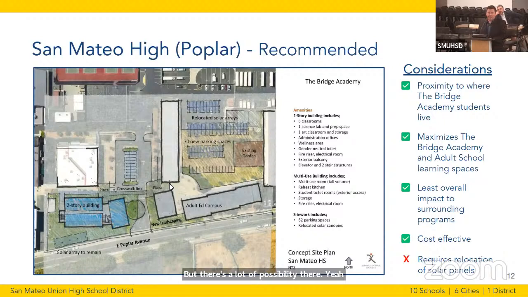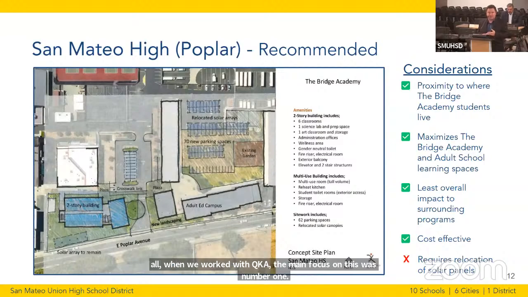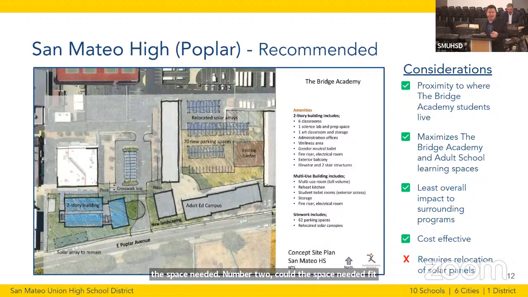Superintendent Booker, sorry. These all, when we worked with QKA, the main focus on this was number one, the space needed. Number two, could the space needed fit into the locations that we identified? That was the major idea here.